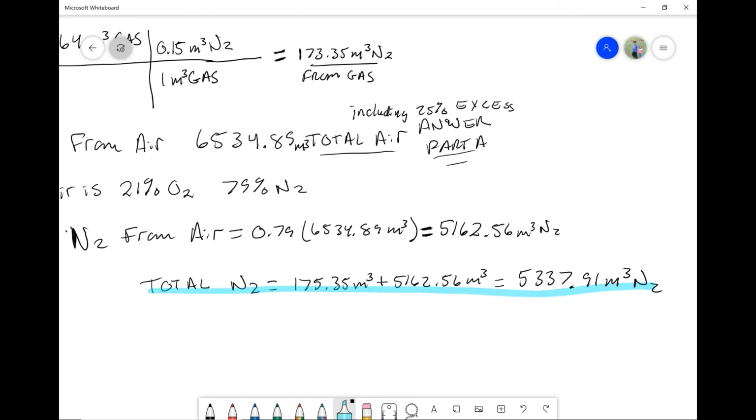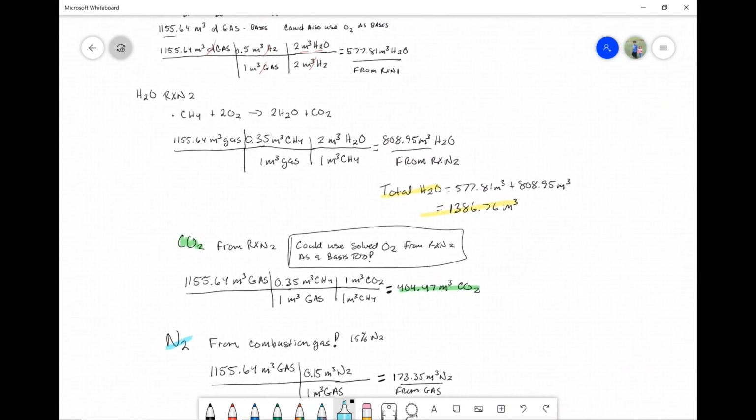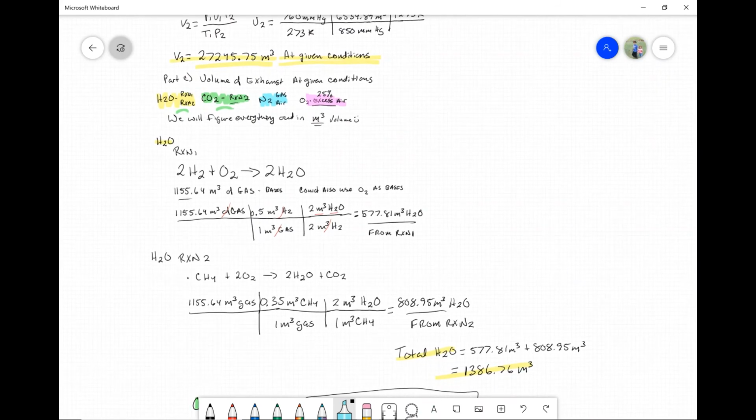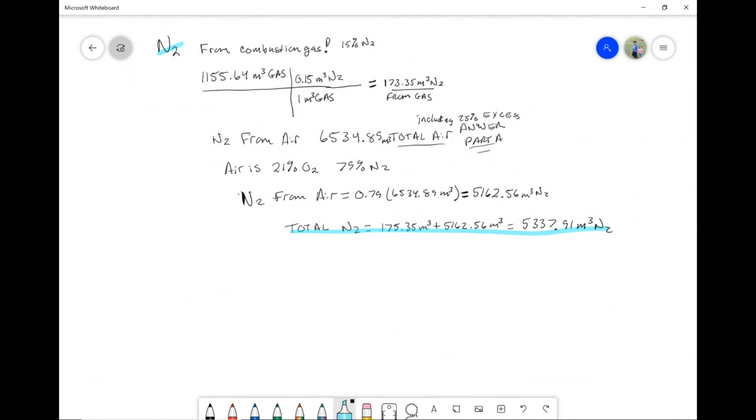So the last constituent, we're almost there, folks. I'm very happy. And we've color coded it so we can find our answer later. O2 from the excess air.